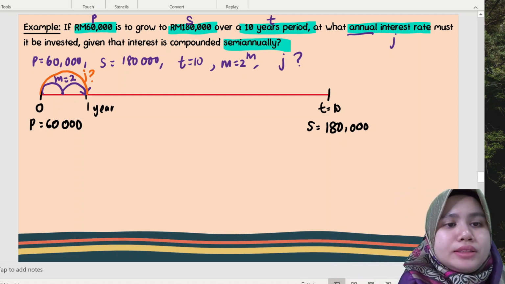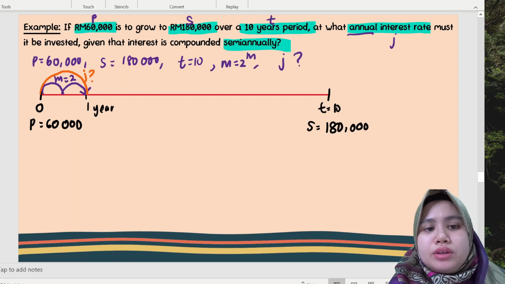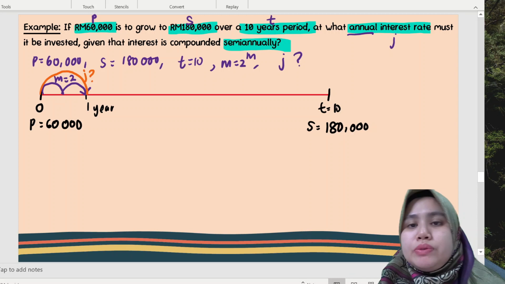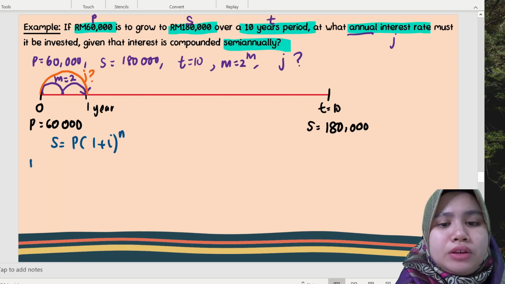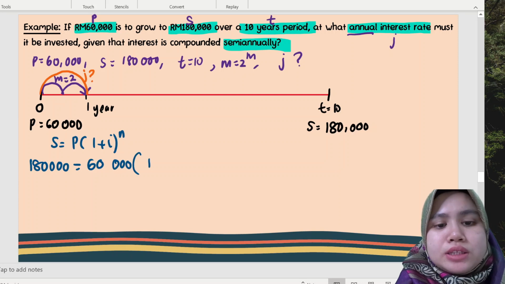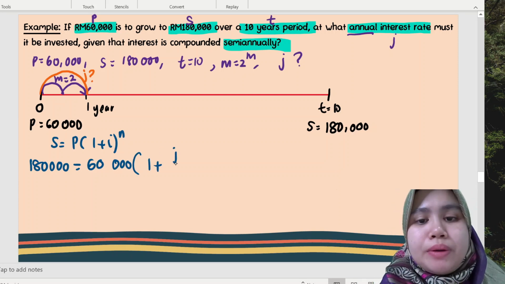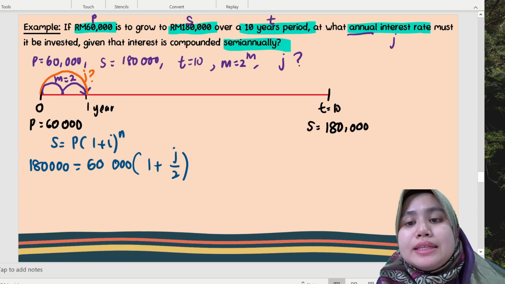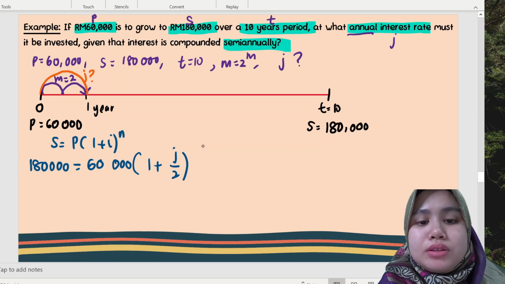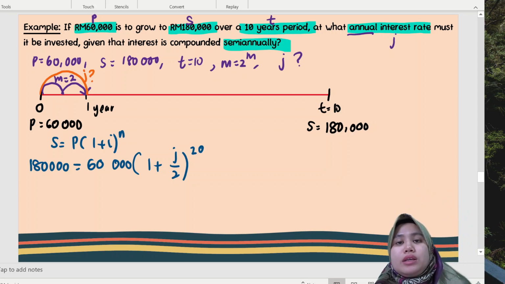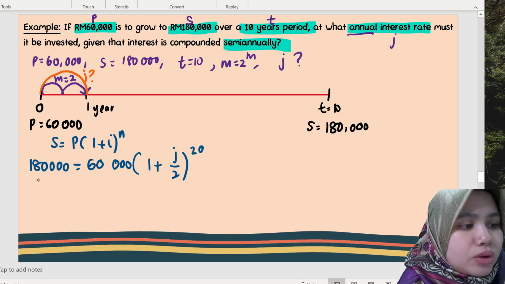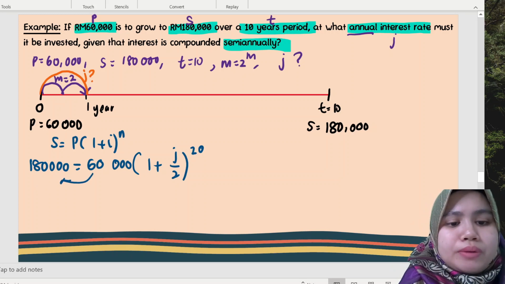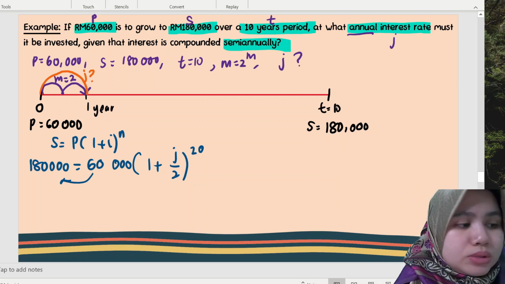Let's calculate for this question. You want to find J. We have S, we have P, so let's start with our common formula. Can you remember this right now? Of course you can. I is our J divided by M, M is 2. N is our M multiplied with T, which is 20. By calculating this, 180,000 divided by 60,000, you have 3.